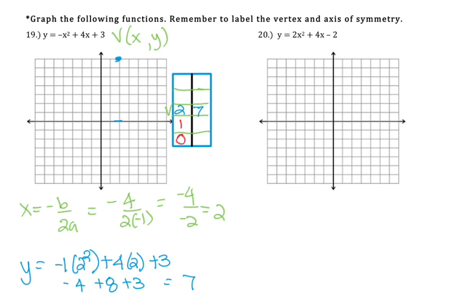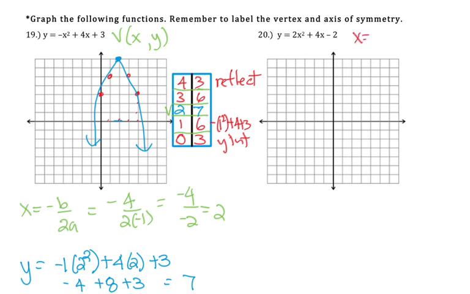I get 1 and 0 because I want 0, because it reflects. Then I plug in 1, negative 1 squared times negative 1, which is negative 1, plus 4 plus 3 gives us 6. And I go ahead and graph all those points, and I draw.